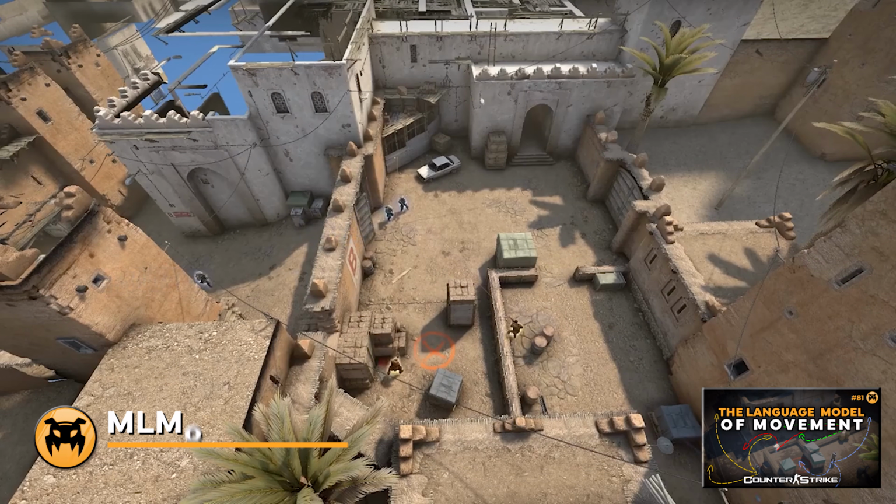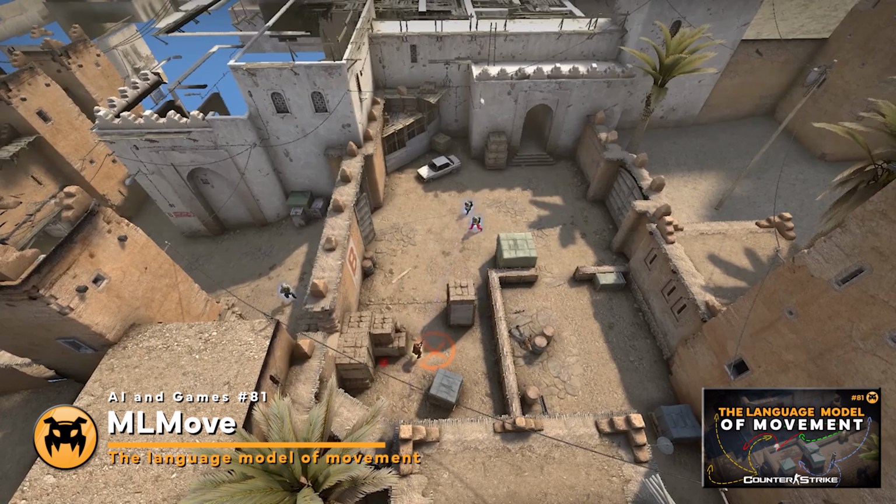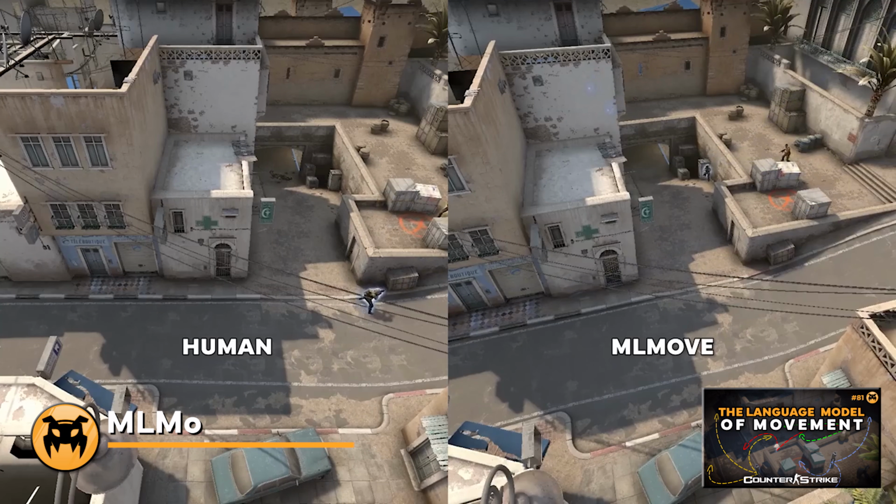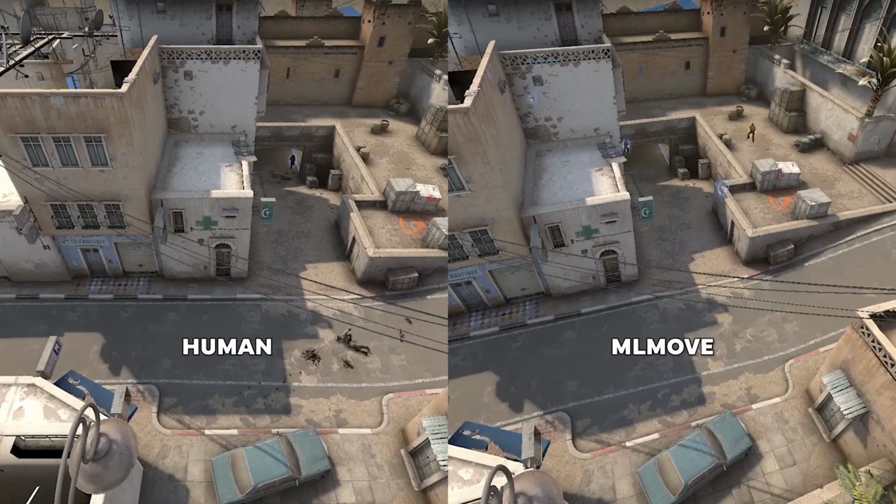Both Snowcap and our recent deep dive on ML Move in episode 81 are a nice reminder that, contrary to the narrative surrounding AI these days, we can often solve complex problems with simple yet well-considered solutions. You don't need a complex ML model to solve sometimes even complex problems like this.